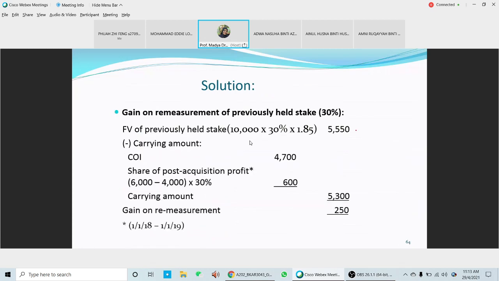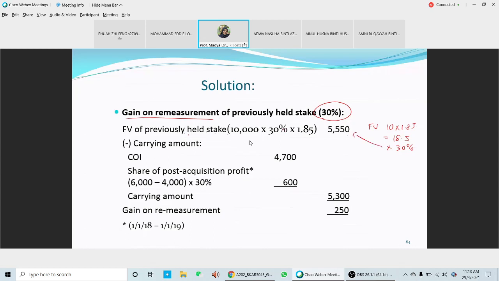The fair value of the company as a whole is 10 million times 1.85, so you're going to have 18 million. Then 18 million times 30%, so you're going to have 5.55 million.